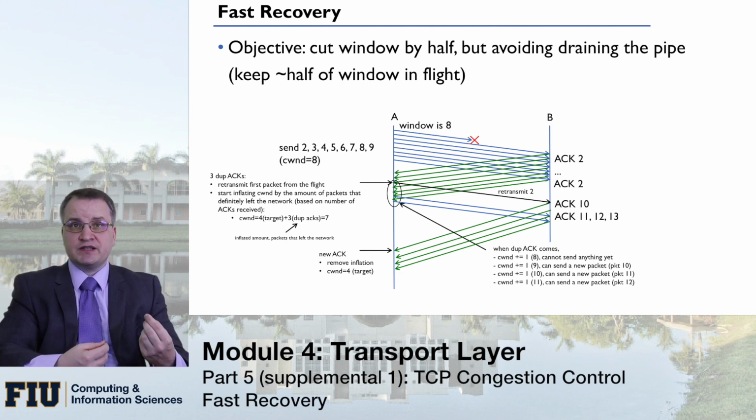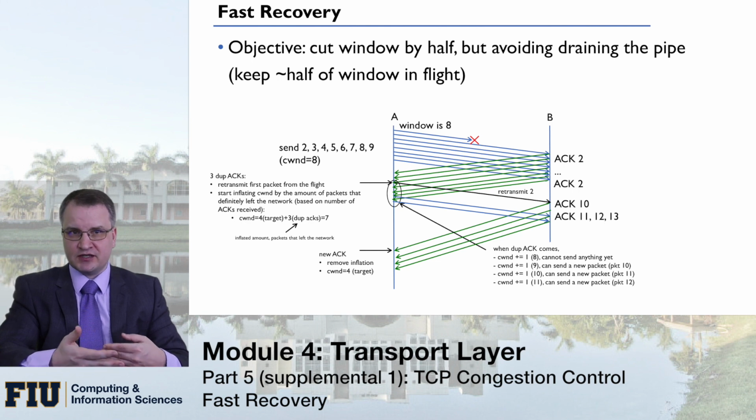What happens at that stage is you have your target window. Look, you had a window of 8, now you are going to 4. But you cannot send anything, because at this stage you have no idea how many packets are outstanding. You sent out 8, potentially 1 was not received properly, and you know that 3 more were definitely received, but you have no idea which ones, because TCP didn't tell you that.